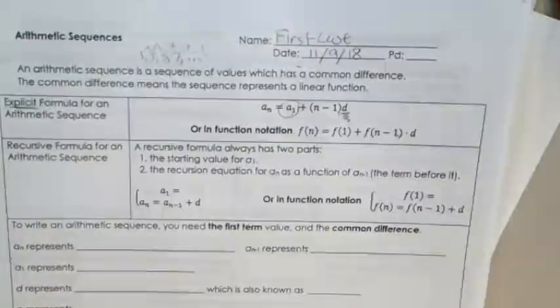But there is also a recursive formula. The recursive formula still has the same two pieces of information, your first term and your common difference, but this time it defines the term based on the one before it.